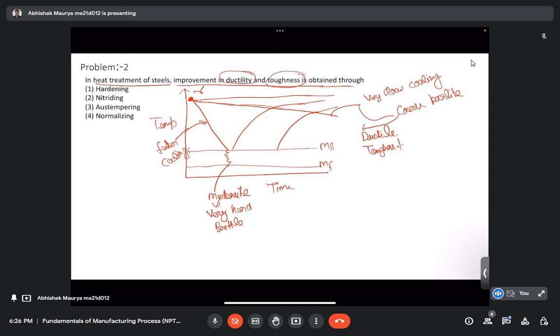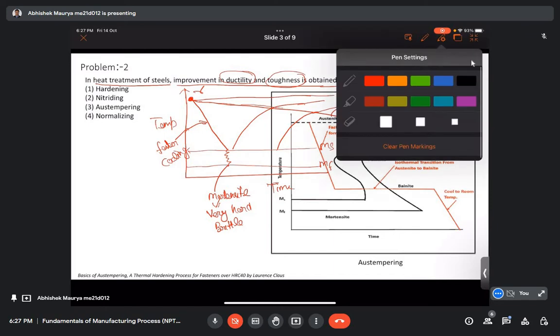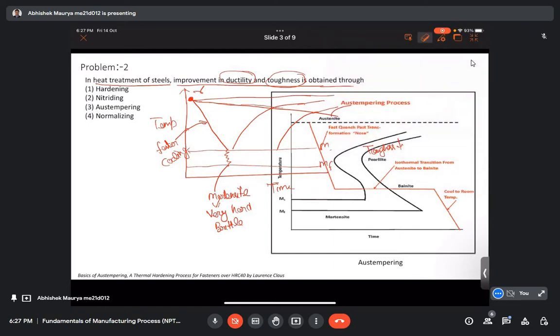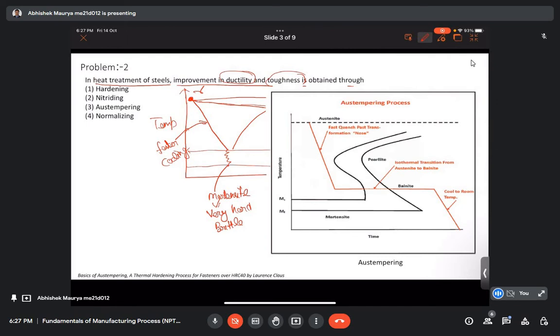If you remember one of the processes taught in the video lectures, that is called tempering. What will we do in tempering? Let me remove some of the things. Here again we have a similar kind of continuous cooling curve.